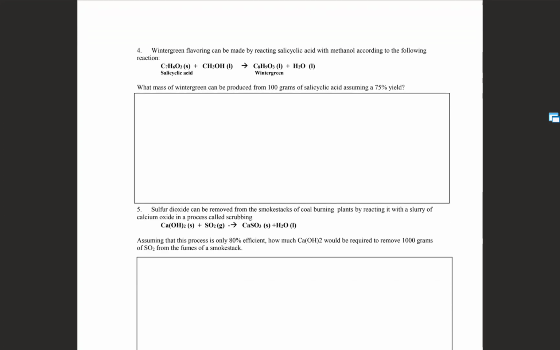Alright, after this, one more question to go. First, the chemical table: mass, molar mass, moles, ratio. Alright, what are we given? We are given the mass of wintergreen that can be produced from 100 grams of salicylic acid, assuming 75% yield.